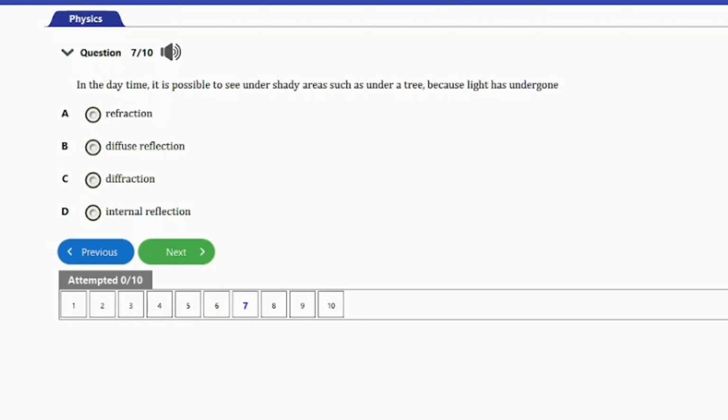So guys, the answer to this question is option B. It is possible to see in the daytime under shady areas, such as under a tree, because the light has undergone diffuse reflection. And that's it for this question. So let's go ahead and consider the next question, guys.